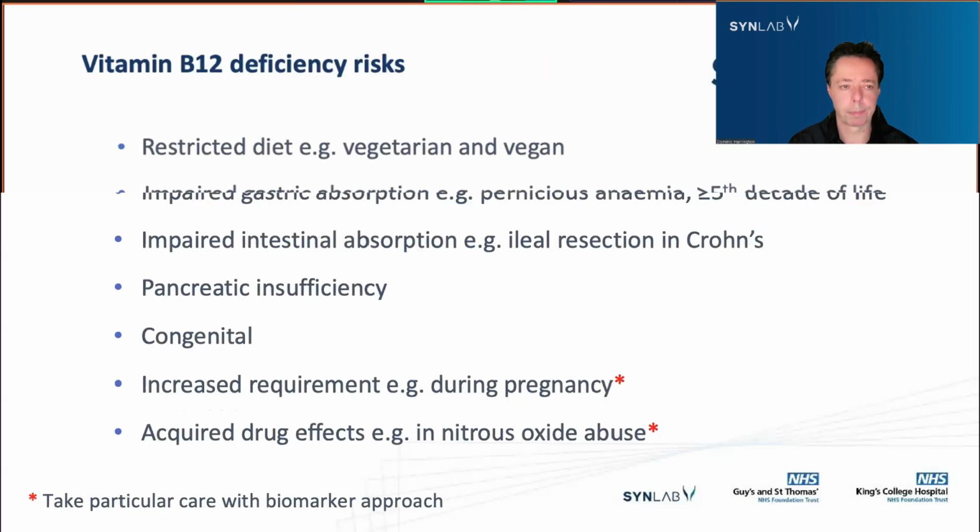So there are many reasons why any one of us on this call could become B12 deficient. These reasons include you may have chosen to consume a restricted diet. For example, you may be a vegetarian or a vegan who only eats a plant-based diet.